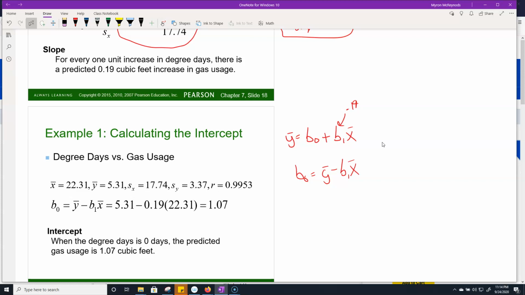Minus that b1x over, and you get this: the y-intercept is equal to the original y minus b1 times x. And that is this right here, 5.31 minus 0.19 times 22.31. So it's 1.07 equals the y-intercept.